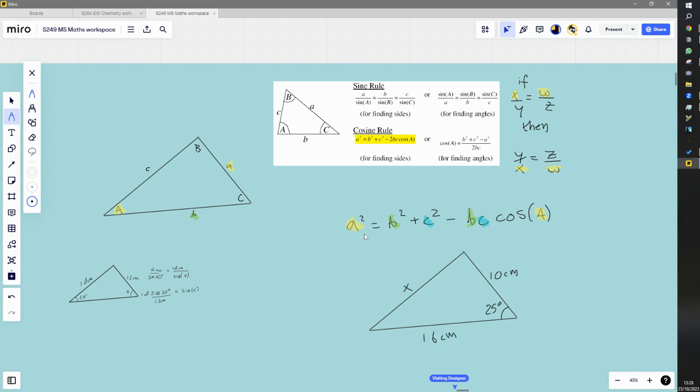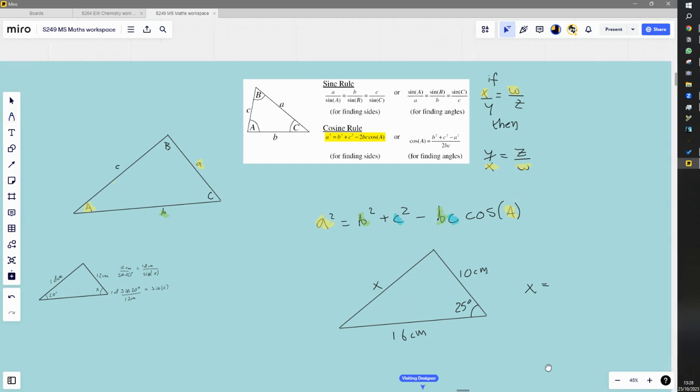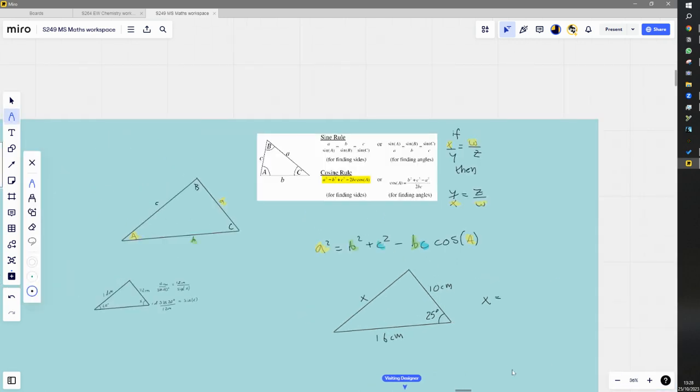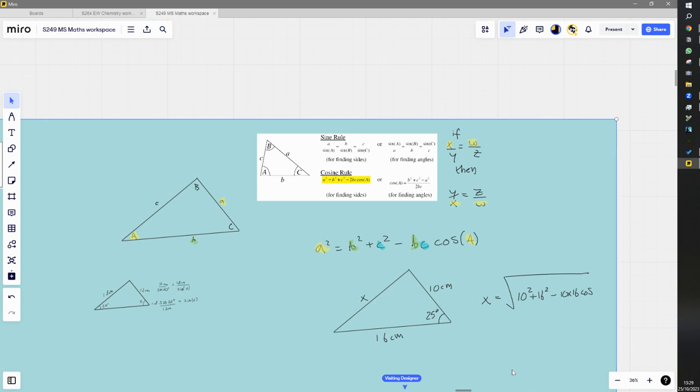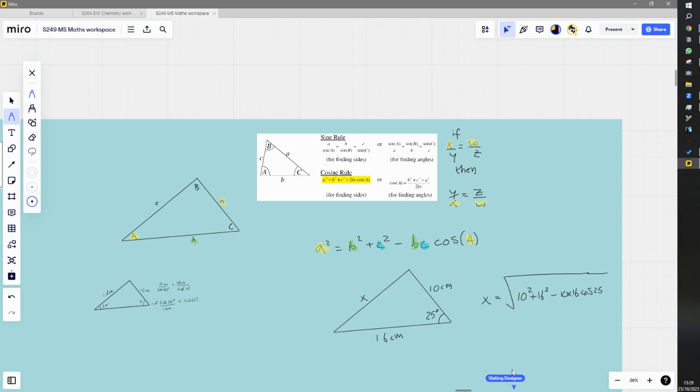So X would be equal to the square root of 10 squared plus 16 squared minus 10 times 16 times cos 25. So that's how you would apply the cosine rule there.